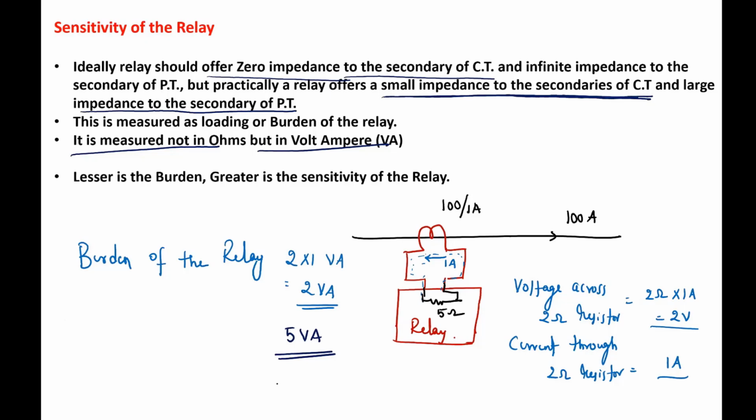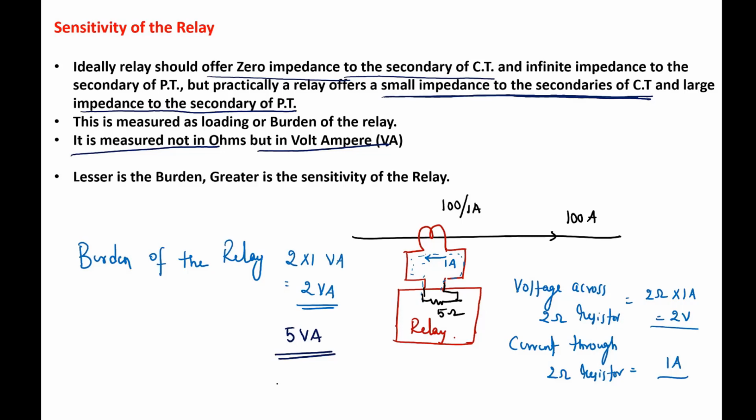Understand? So this is how you calculate the burden of a CT, and in exactly the same way you will get the PT burden also. You have to measure the voltage across the PT and the small current, because it is a very high resistance in the range of mega ohm, so very small current will flow. If you multiply the voltage and the current flowing through the secondary of the PT, you will get the burden of the PT also.